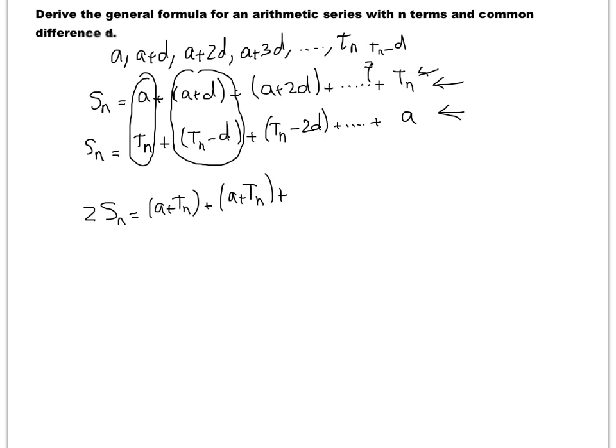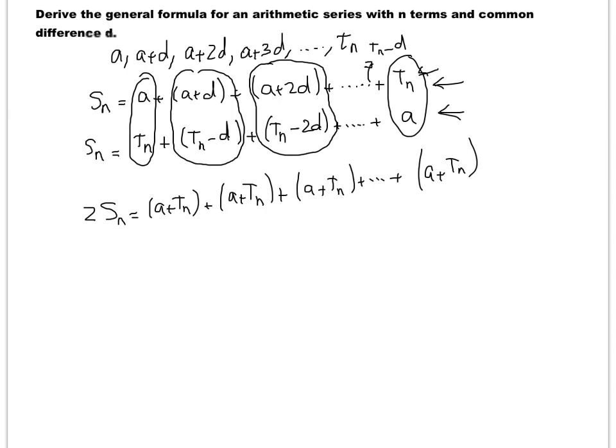Now I'm going to add these two terms together. Again, 2d and negative 2d cancel out, so I get a plus Tn. And if I continue with all of them, I get again a plus Tn, which is the last term here. Now there are n terms here, so the sum becomes n times a plus Tn, because there are n terms which are a plus Tn.